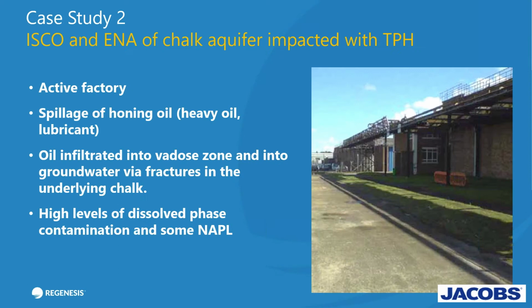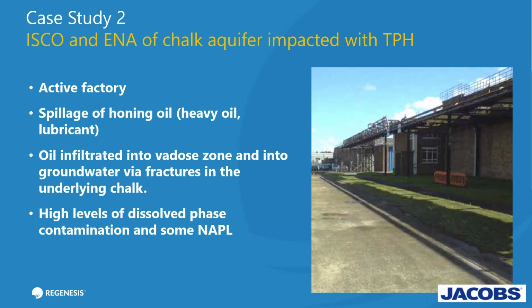In terms of the other case study, this is one that we did with Jacobs. This was an active factory. So unlike the site that we did with Golder, where most of our work really was done off-site, though within the red line boundary, if you like, here we were very much on an active site.